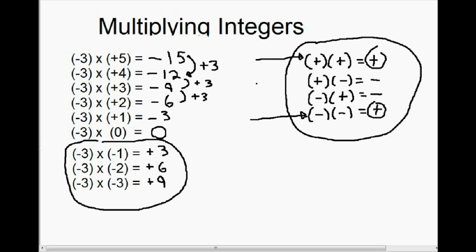If you're multiplying and the signs are different, so if one is a positive and one is a negative, or one is a negative and one is a positive, then the answer ends up being a negative. And again, these rules are completely different from what we established in terms of adding and subtracting integers. These rules do not work for adding and subtracting, only for multiplying.